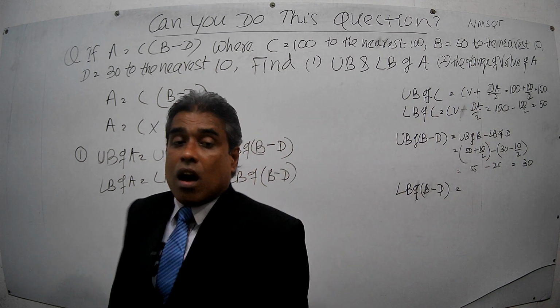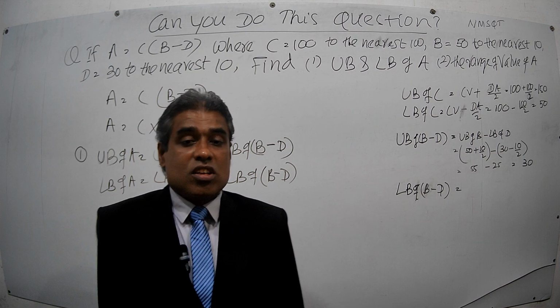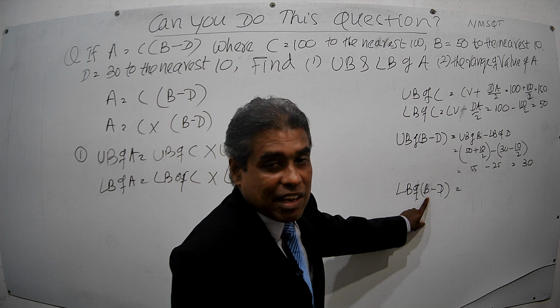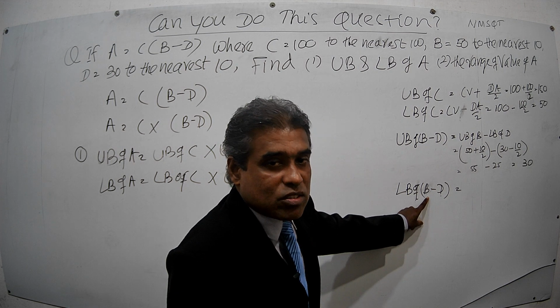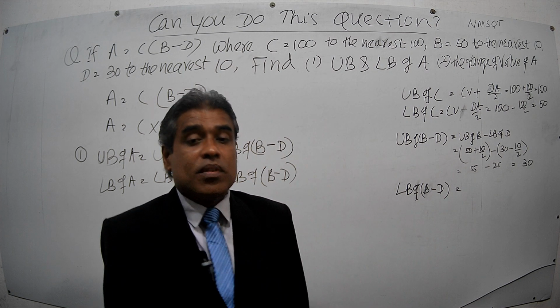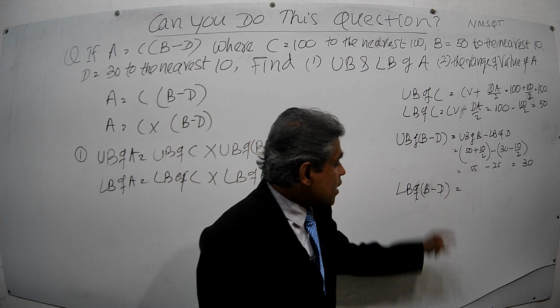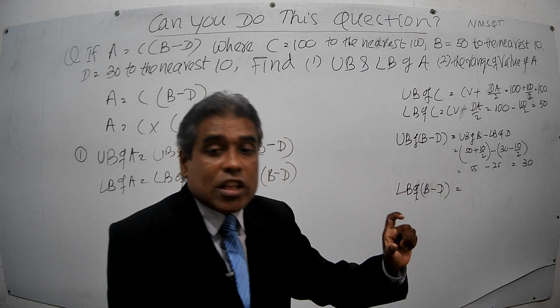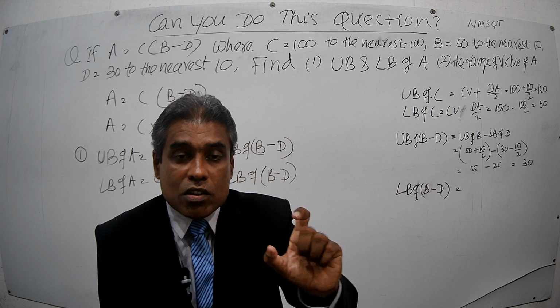That is, lower bound of difference equals, you get the difference by deducting the smaller value from the larger value. Larger value is in most cases the first value, second value is the smaller value. Then lower bound of difference equals lower bound of the larger value minus upper bound of the smaller value.